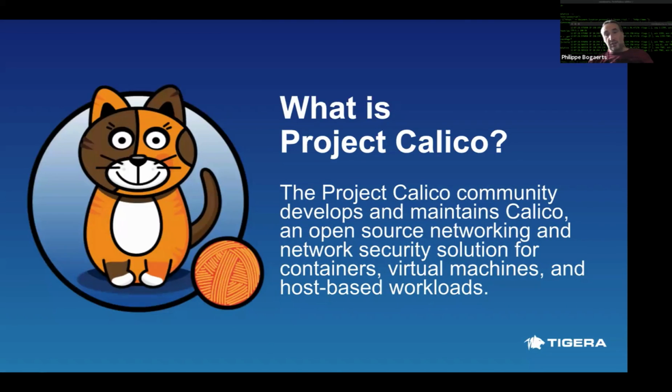So Project Calico, you probably all know Project Calico. It's a slide I always use to introduce Calico. But at the end, Calico is known as an open source networking and network security solution that can exist inside of Kubernetes, so for containers, but also can be used on virtual machines as well as cloud native host-based workloads.